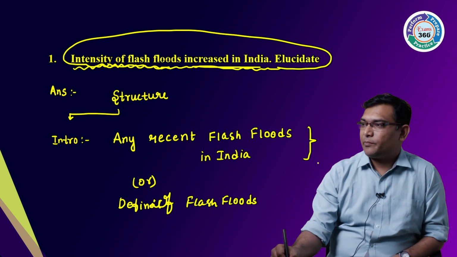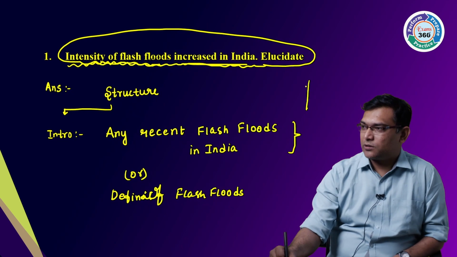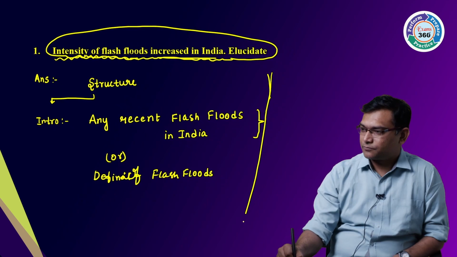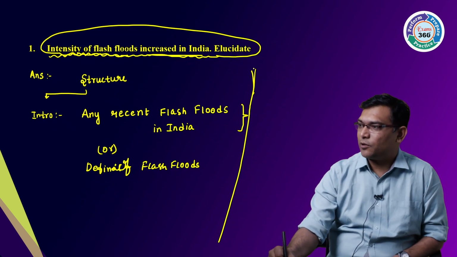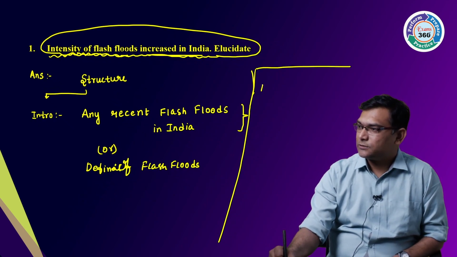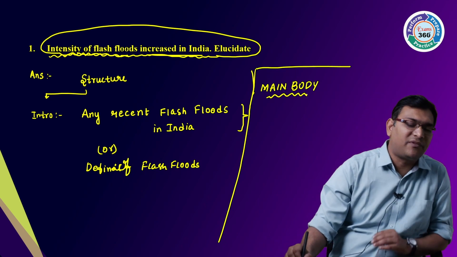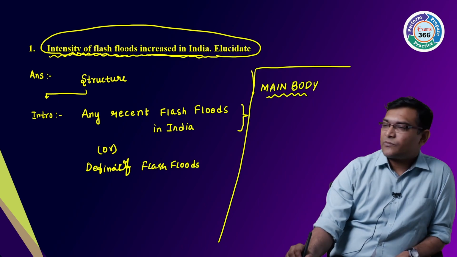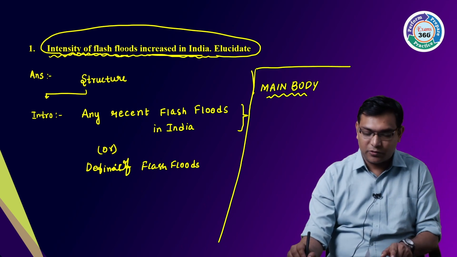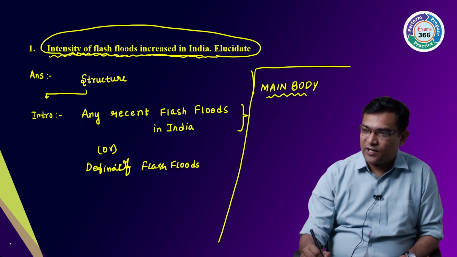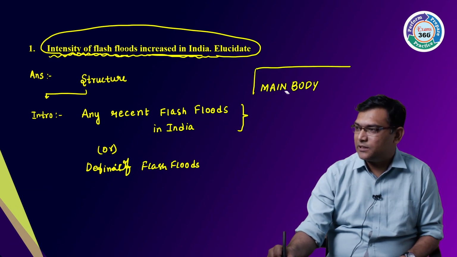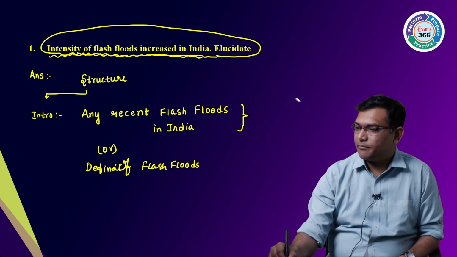Then in your main body, now let's come to the main body. Okay, in the main body what will you write? Main body: intensity of the flash floods. One more thing is that you have to draw the map also.